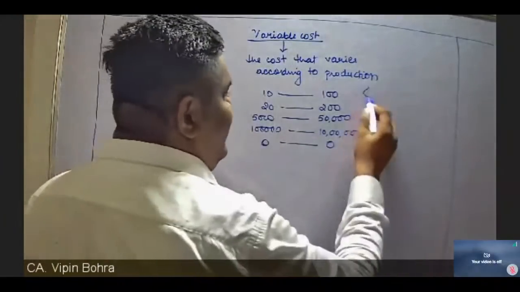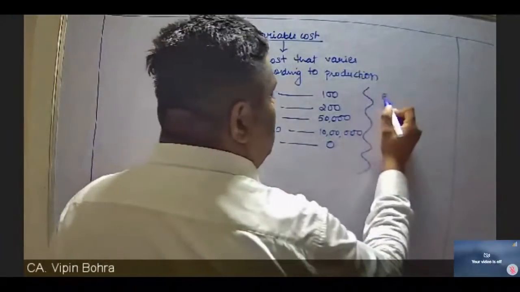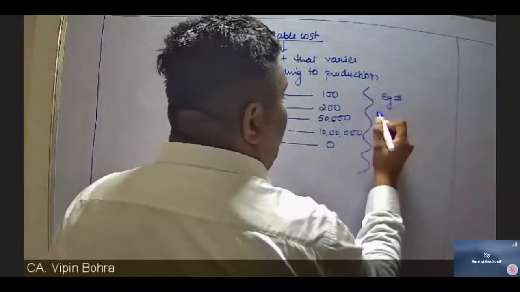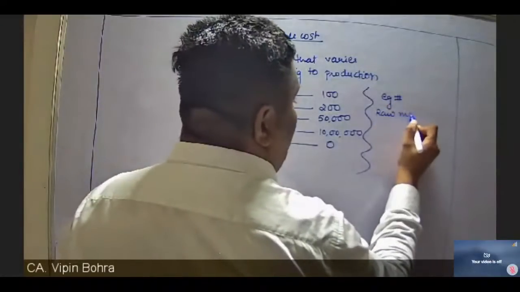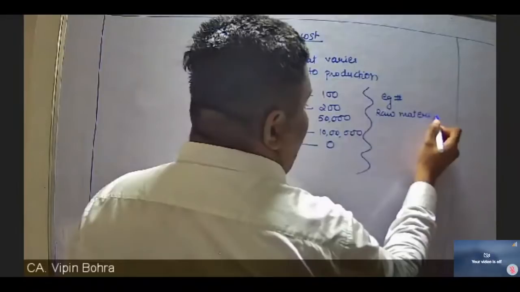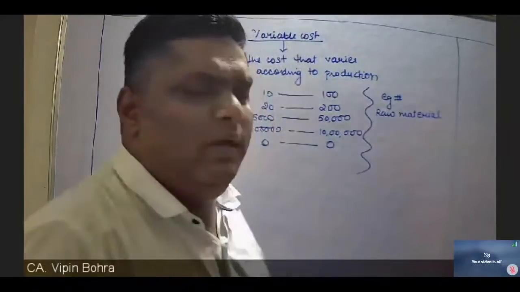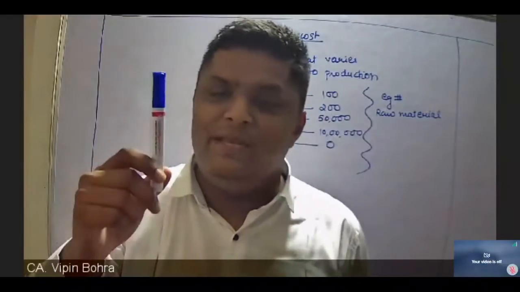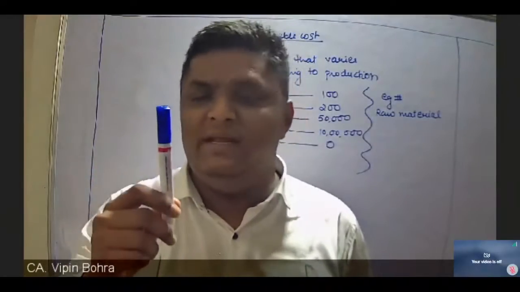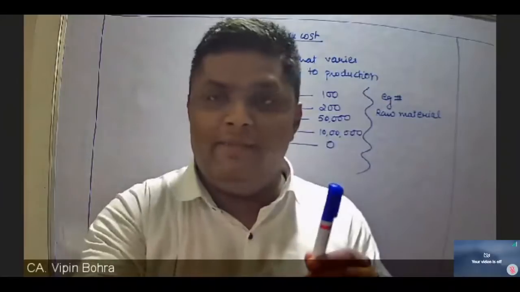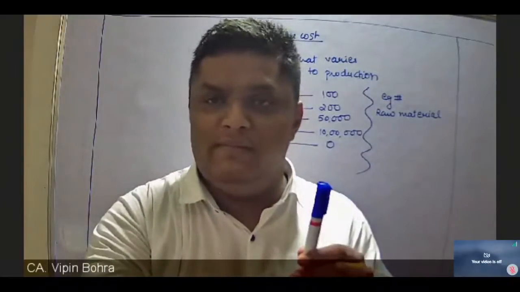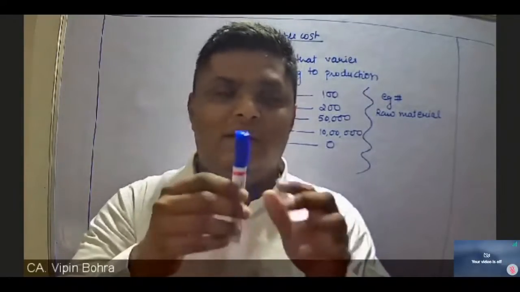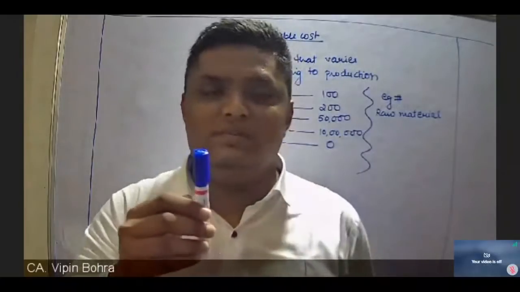Now, what are the examples of variable cost? Very simple: raw material is the best example of variable cost. Let's say I am the manufacturer of this pen. What is the raw material used in manufacturing this pen?